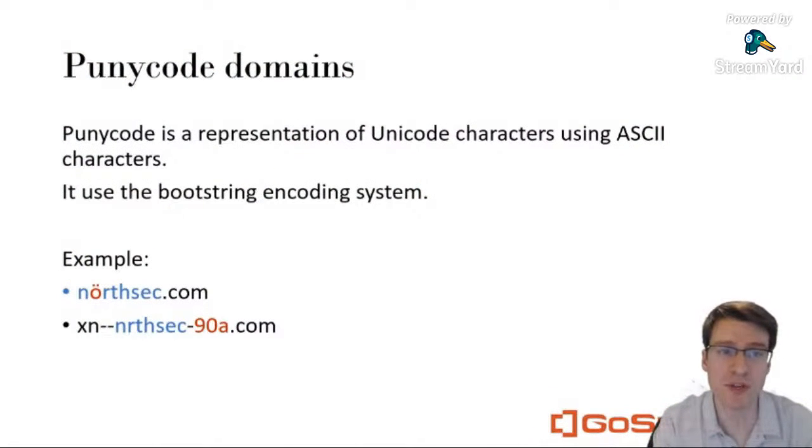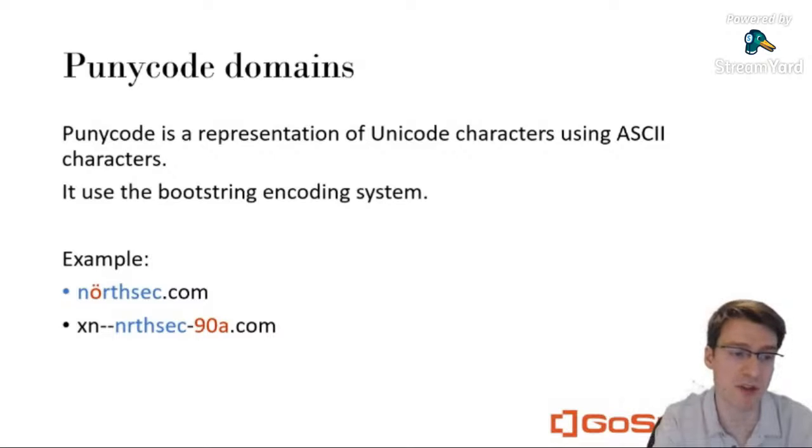So what is punycode? Punycode is the way we can now have Unicode characters inside domain names. DNS doesn't support Unicode. It can only be ASCII. But basically we're using a format called bootstring. So we're going to have a prefix that is defining that it's punycode.